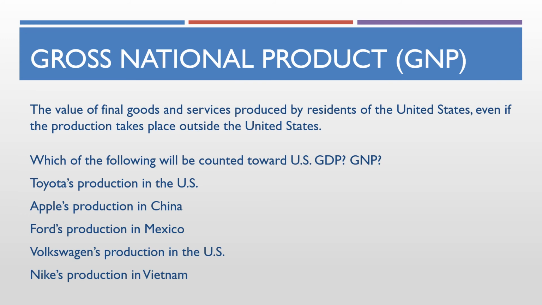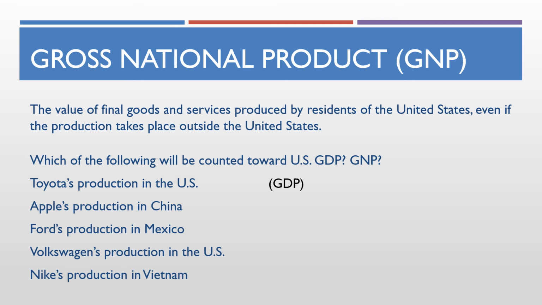When we count the production of Toyota taking place in the US, this is automatically within the US border, so it is automatically part of the GDP calculations. But it won't count as GNP because Toyota is not owned by US citizens.